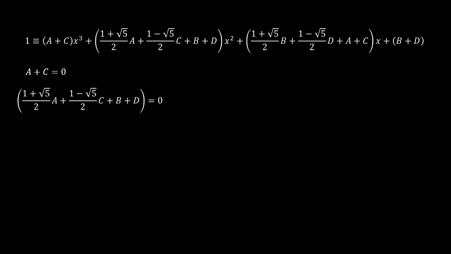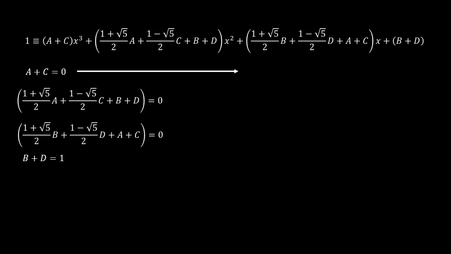And also, since we have no x term on the left hand side, this term also equals 0. So (1 plus root 5)/2 b plus (1 minus root 5)/2 d plus a plus c equals 0. And then the only thing on the left hand side is 1, so this constant here equals 1. So b plus d equals 1. Okay. And meaning that from the top here, our c is equal to negative a.